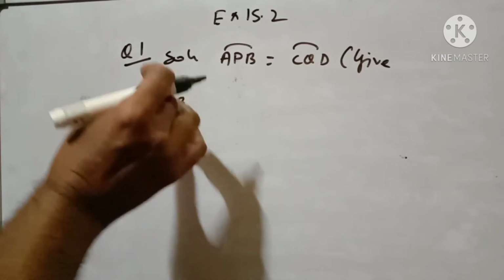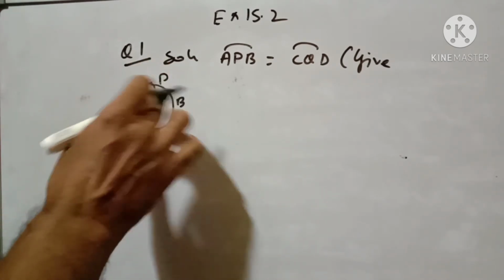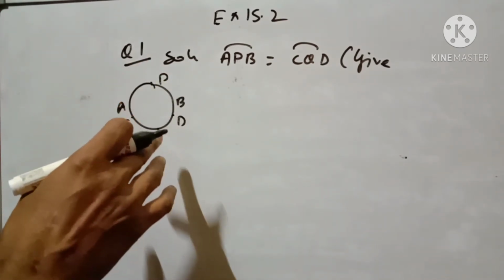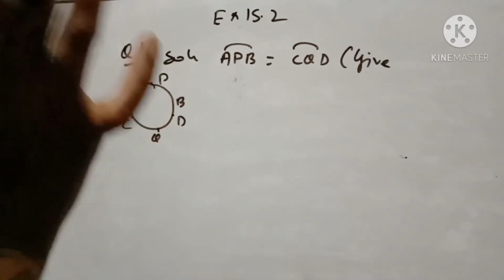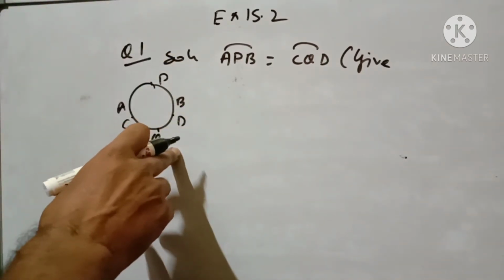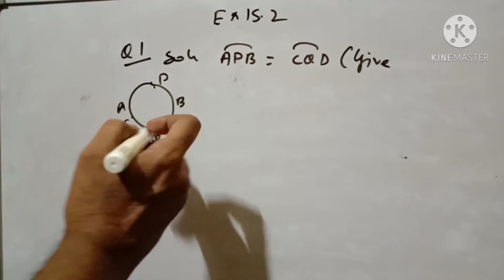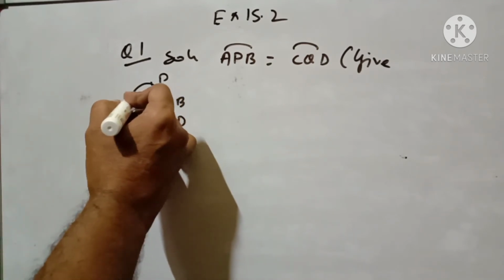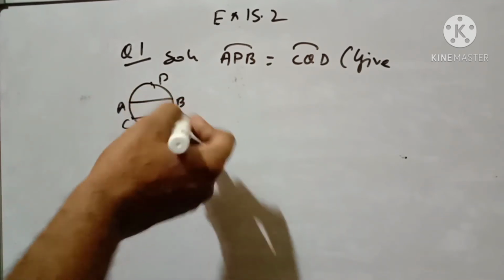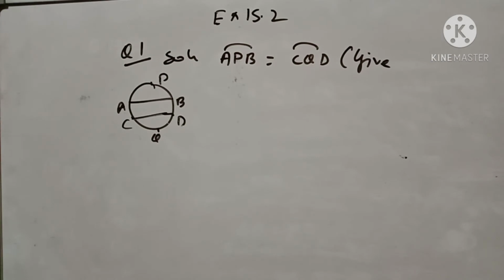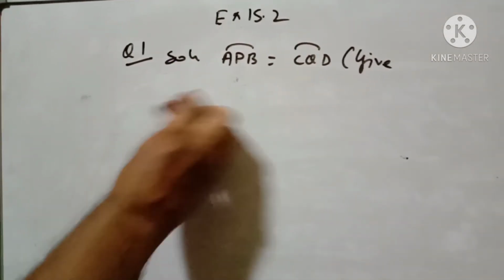So AB equal to CD. Why? Because if two arcs are congruent, then their corresponding chords are equal. This is the rule of circle.